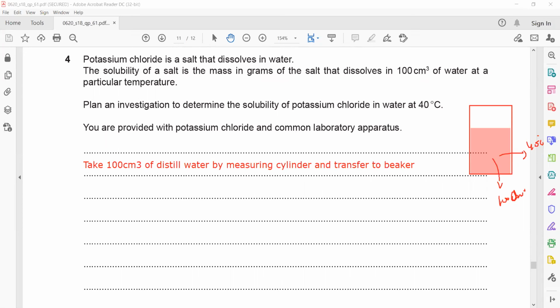Then we want to maintain a temperature. We want to keep the temperature the same. You can even use a thermometer to make sure it is placed in the water.